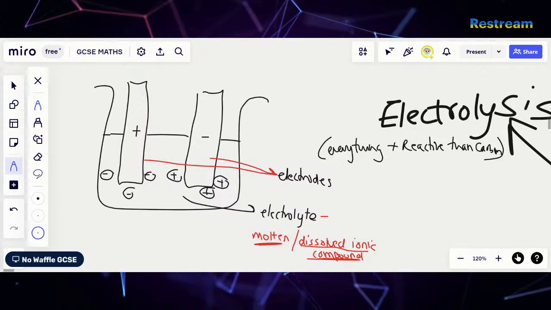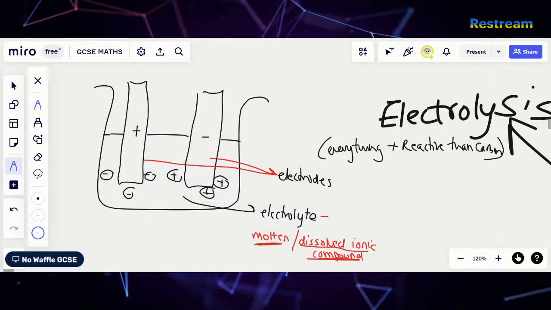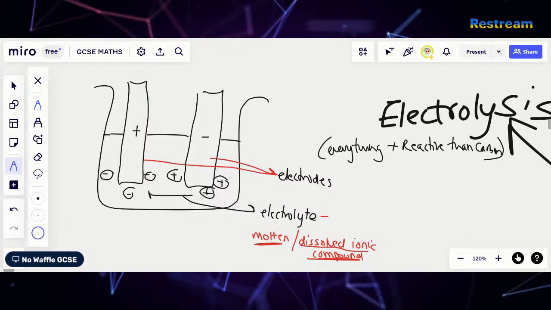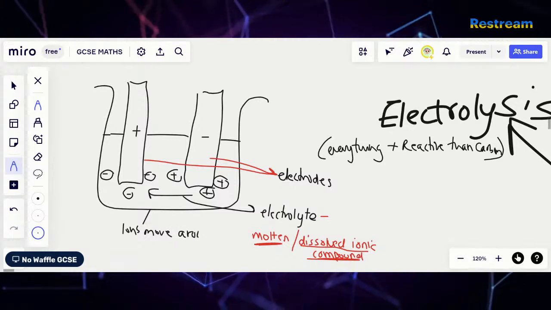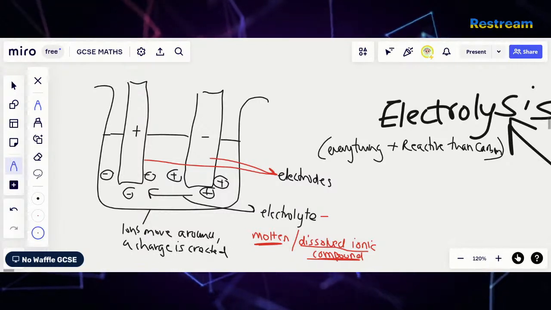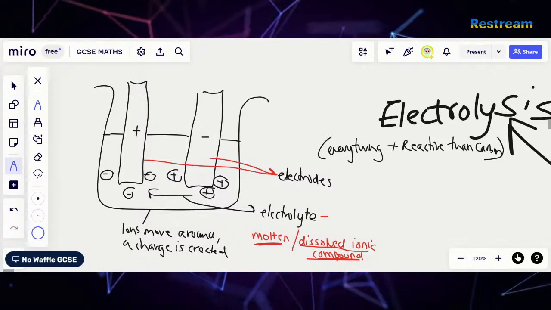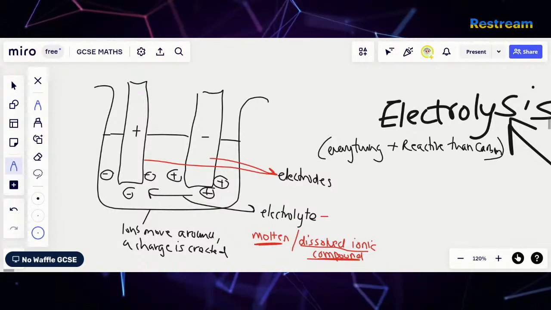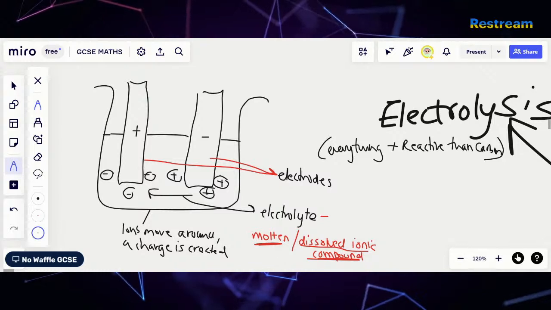Now, because there is a charge difference, this creates a flow of charge through the electrolyte as ions are now travelling. So as ions move around, a charge is created. And as ions gain or lose electrons, they form the uncharged element and are discharged from the electrode.